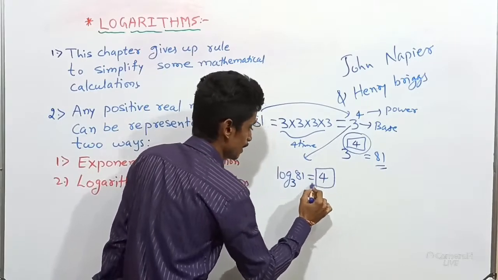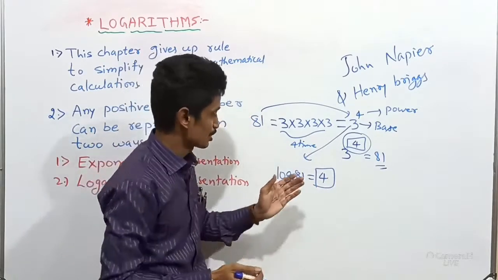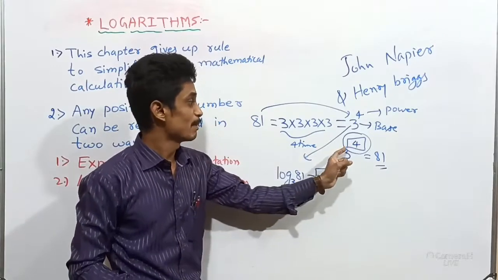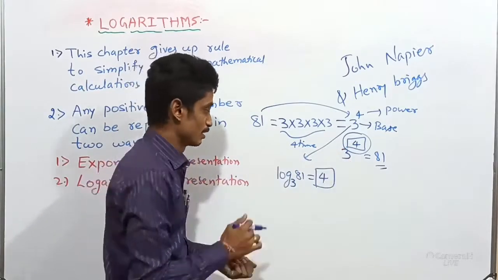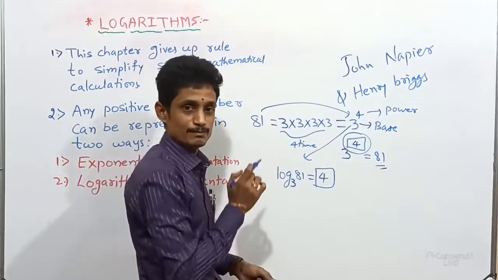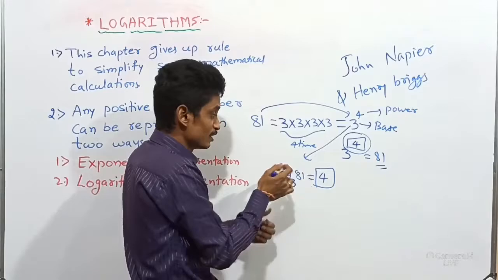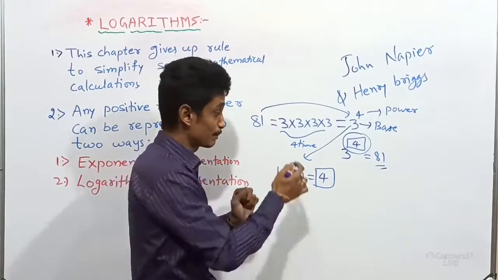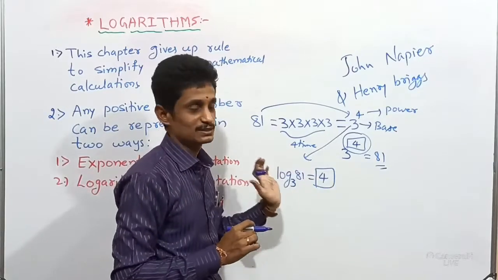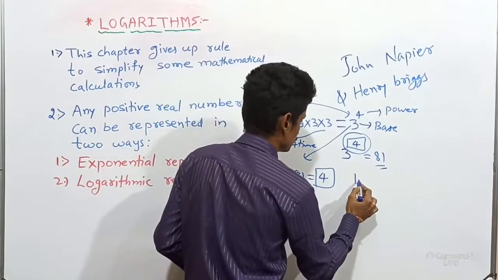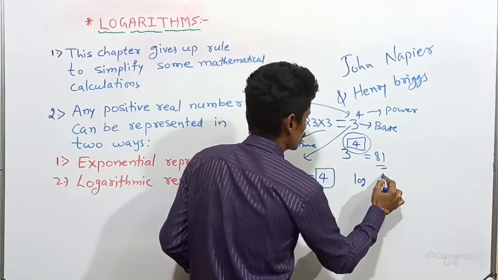So this is getting the power, which is the representation of a logarithm. By the logarithm we get the power of some number. The number 81 exists here, the base 3 is already given. For what power of 3 will we obtain 81? By the logarithm we get this result. Do you understand? For example, what is root 2?